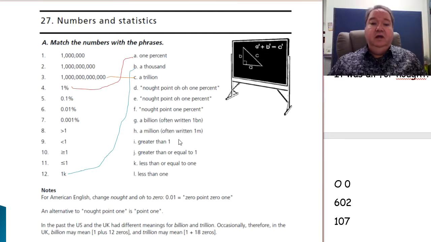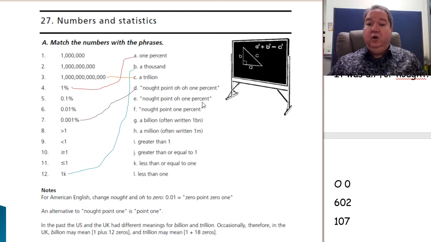So, not 0.001%. That is this one, not 0.001% or 0.001%. That is tenths, hundredths, thousandths, that is 1,000th of a percent. Okay?